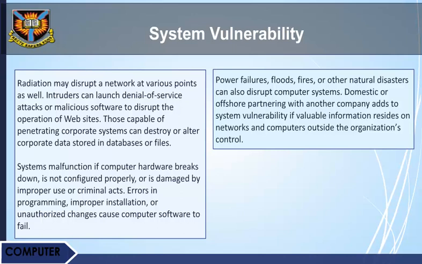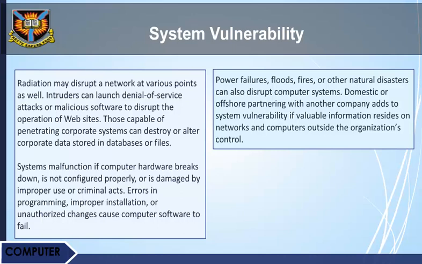Intruders can launch denial of service attacks or malicious software to disrupt the operation of websites. Those capable of penetrating corporate systems can destroy or alter corporate data stored in databases or files.